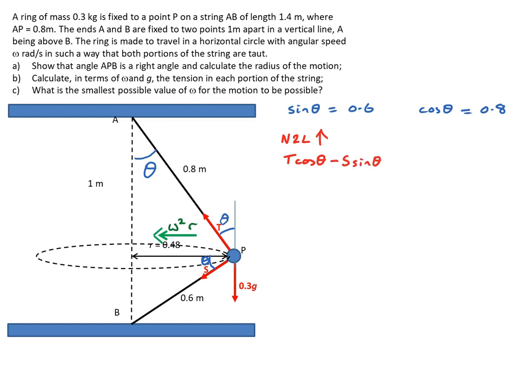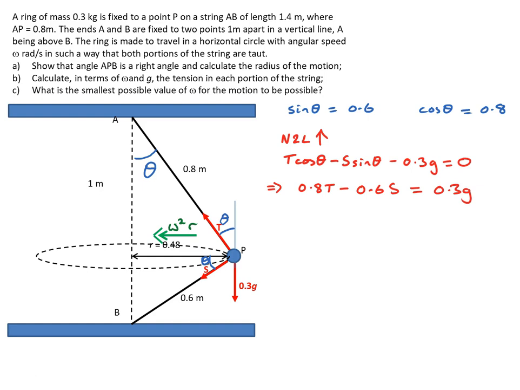So that's minus S sine theta minus 0.3 G is the resultant force vertically. But P is moving in a horizontal circle, so there's no acceleration vertically, so the resultant force vertically must equal 0. So we have 0.8T minus 0.6S must equal 0.3G.